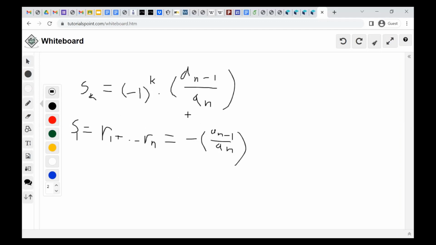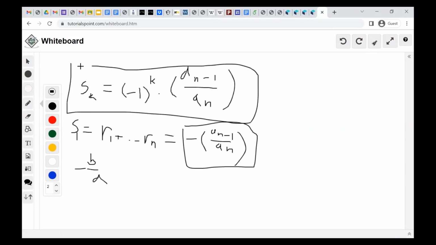This is exactly what we expected from the quadratic and cubic cases: just like with ax squared plus bx plus c, the sum of the roots was negative b over a. So in general, this is Vieta's formula.